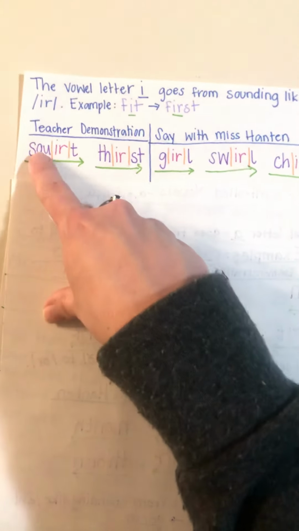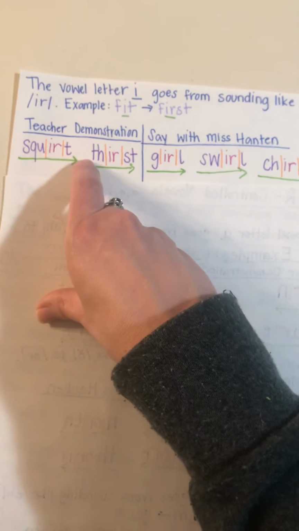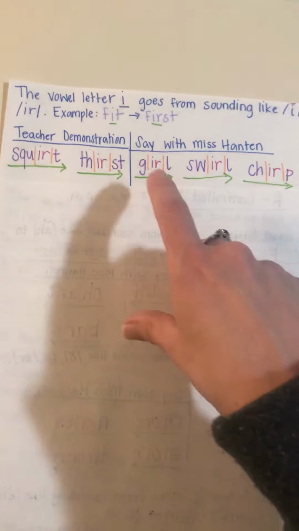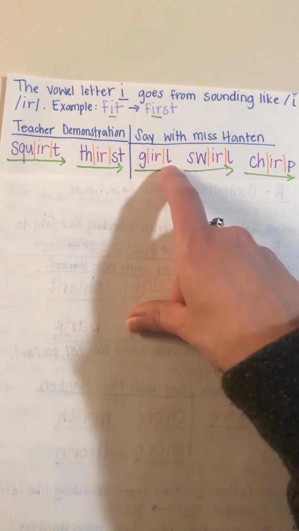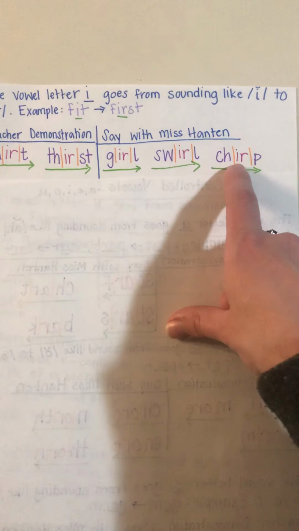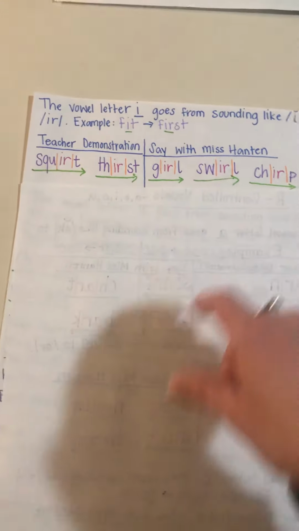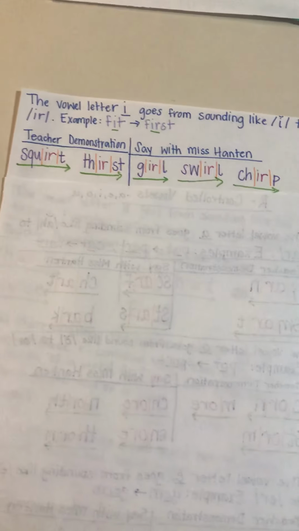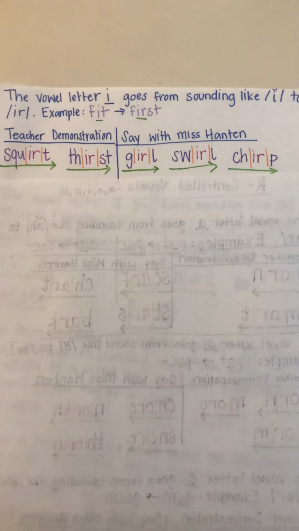So then let's take a look at this word. We have squirt. Over here we would have girl, chirp. So IR will always be found in the middle of a word.